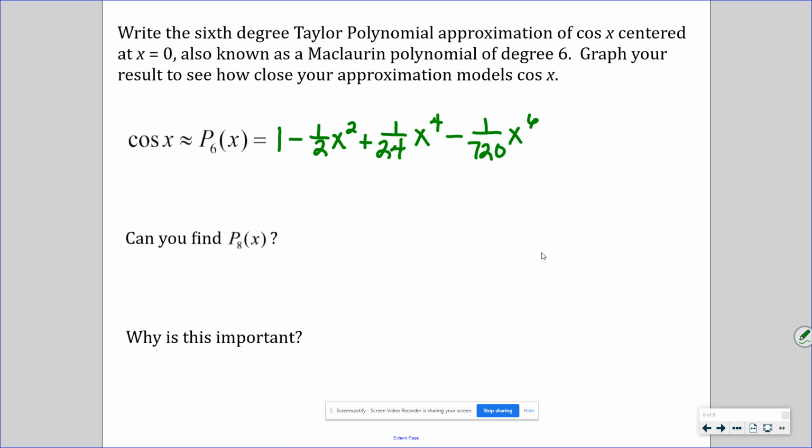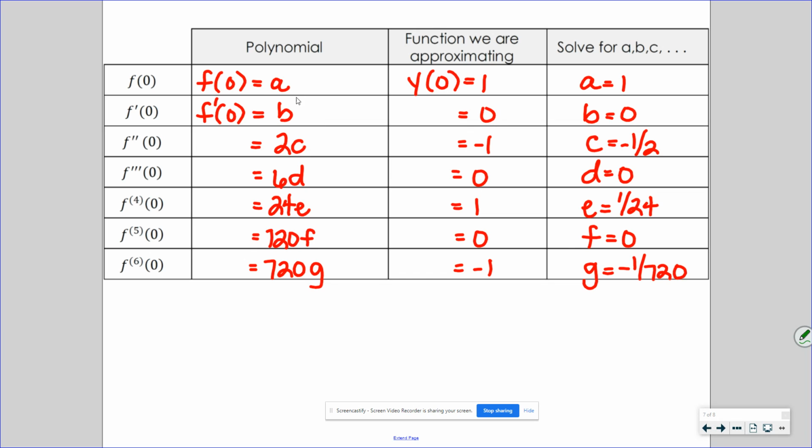Okay, now the little pattern I was trying to get you to identify is that these coefficients here, 2, 6, 24, 120, 720, are actually factorials. 2 factorial is 2, 3 factorial is 6, 4 factorial is 24, 5 factorial is 120, and so forth.